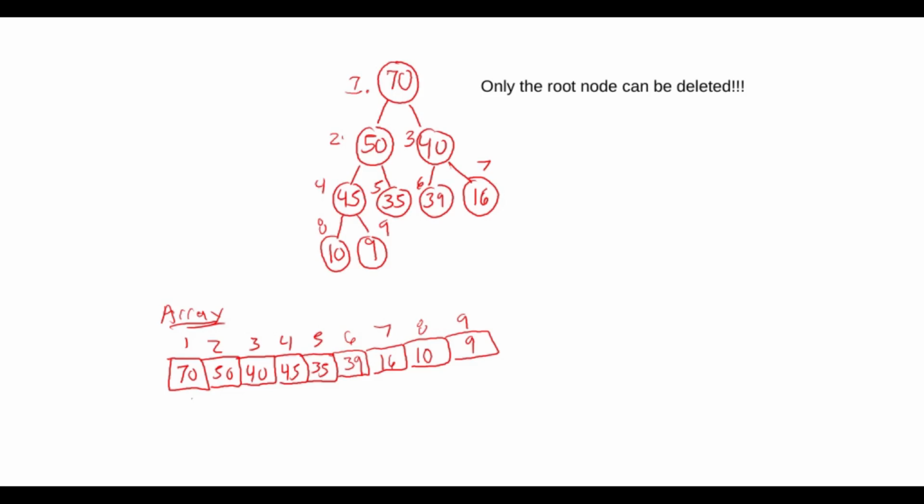So we're going to delete 70. 70 is the value we're deleting. Alright, just hold up here. So here, and we're going to here. Let's get the eraser.